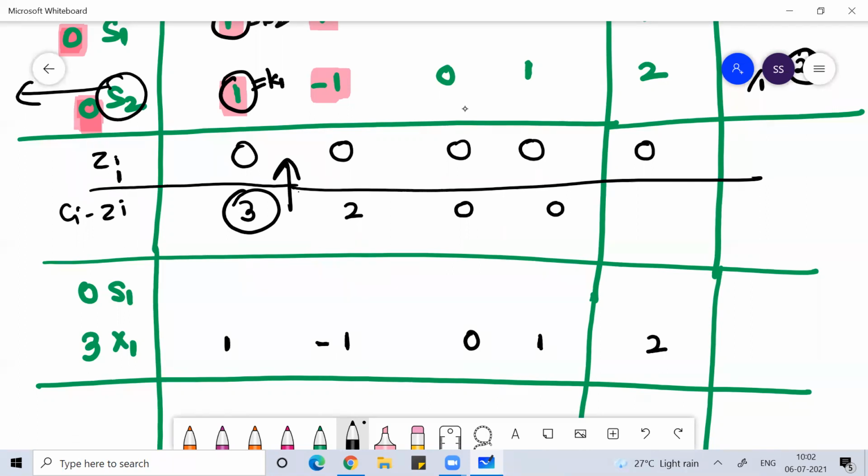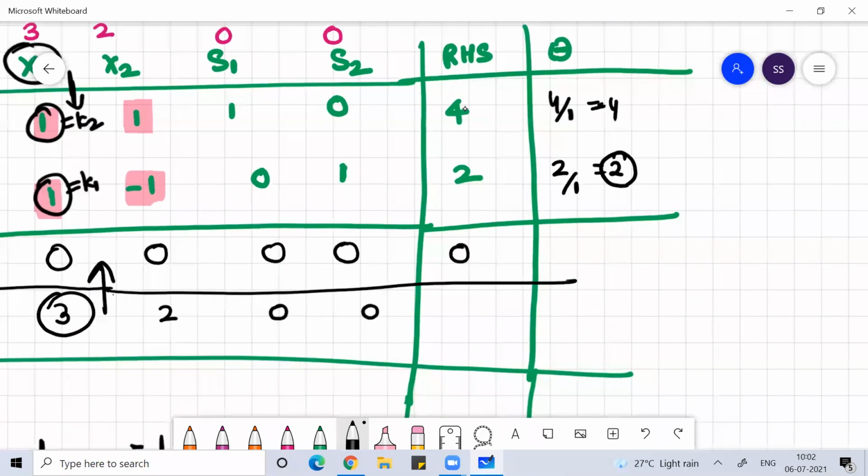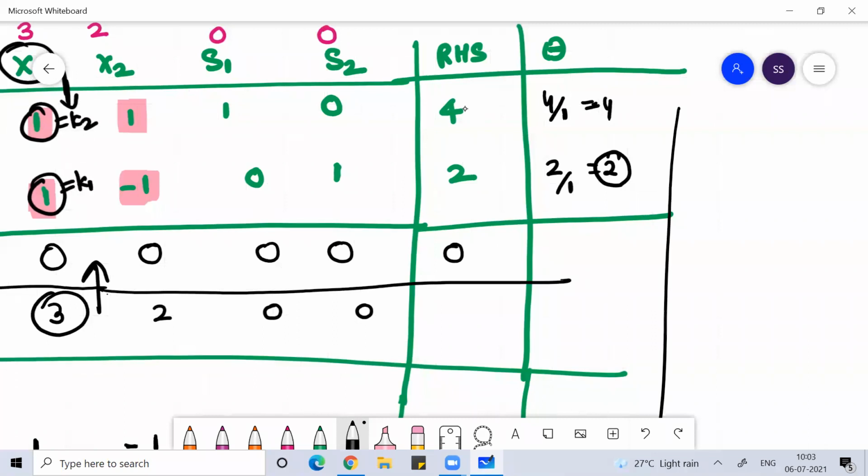Clear everyone? Now I'll find the new values of s1. To find the new value of s1, first I'll write the old element of s1, that is 1, 1, 1, 0, 4.